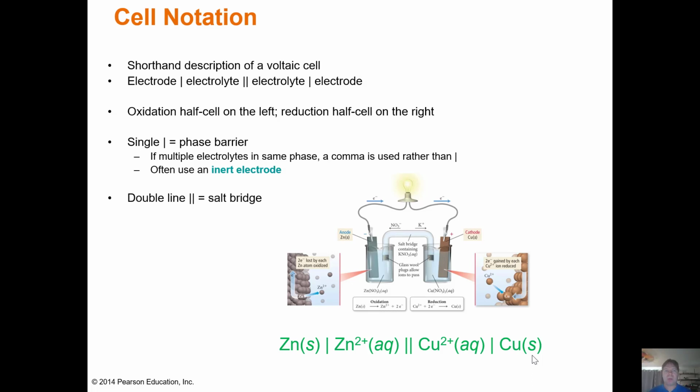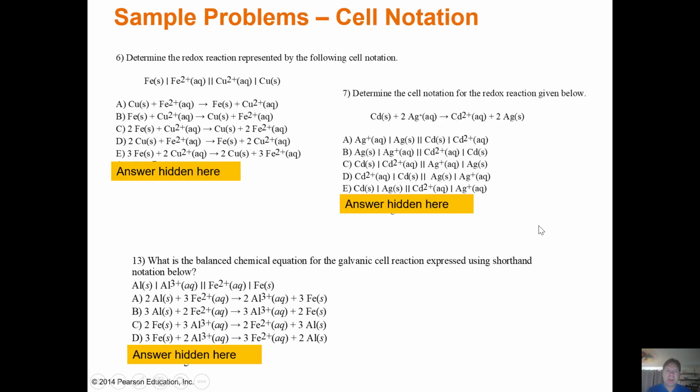You want to be able to write things in cell notation and interpret cell notation. Here are some examples of this. What we're showing here is going between the chemical reaction and the correct cell notation that would go with that. So if this is the cell notation, which of these is going to be the correct combination of reactions?